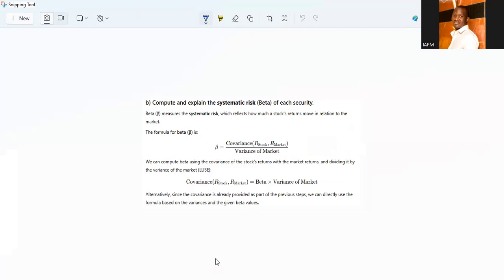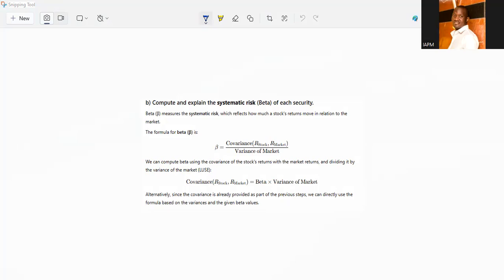What is the covariance of the stock and the market? We're going to calculate two betas, the beta for J and the beta for K. Do we have information for that? Yes, we do. Let's go back to our question.